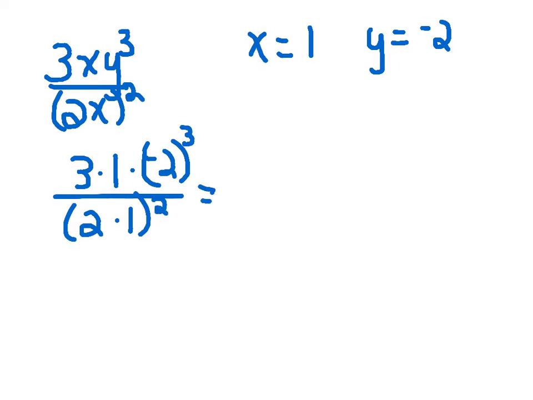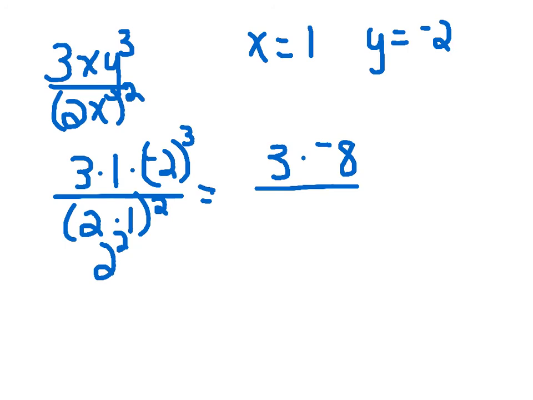So I need to attend to my exponents first. So 3 times 1 is obviously 3. I'm going to ignore that 1. 3 times -2 to the third power. As we've seen, a negative number raised to an odd power is negative. That goes back to your first test. And on the bottom, we're going to have 2 times 1 is 2. So this is 2 squared is 4.